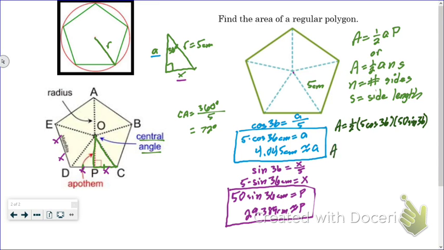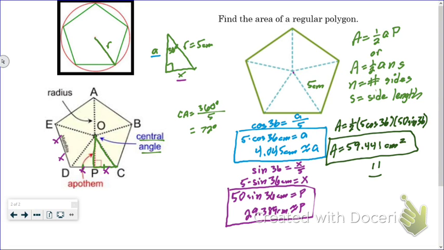Well, you type all of that into your calculator, and here we're going to get an area of about 59.441 centimeters squared, and this is the only rounded number that we really care about, and that is the area of the polygon.